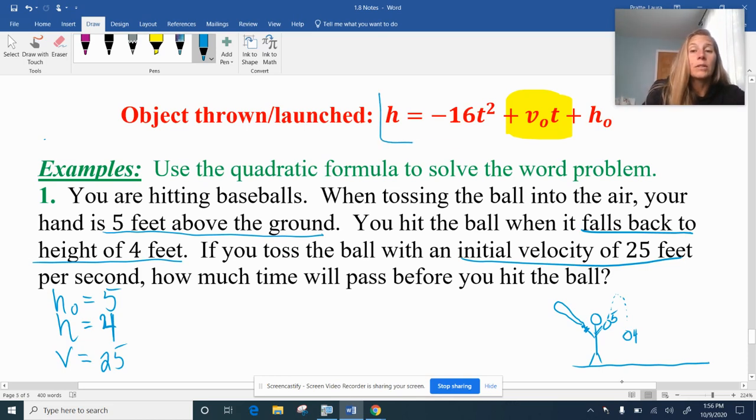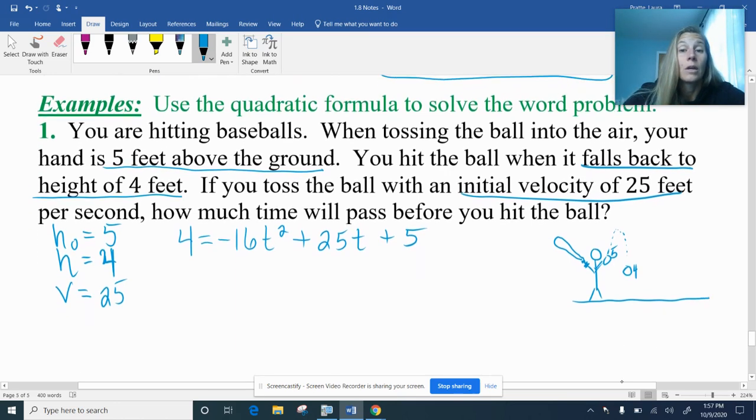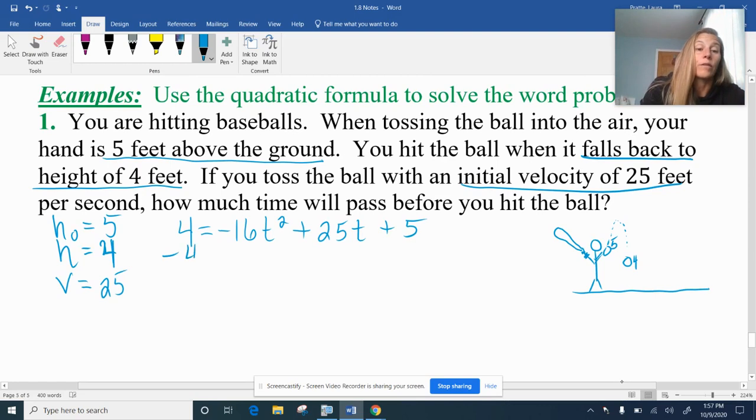And now we're simply just going to plug them into this equation in for these 3 variables. So we would have 4 equals -16t squared plus 25t plus 5. Now, just like solving any other quadratic equation, you need to make sure it equals 0 first. So we're going to subtract the 4 over.